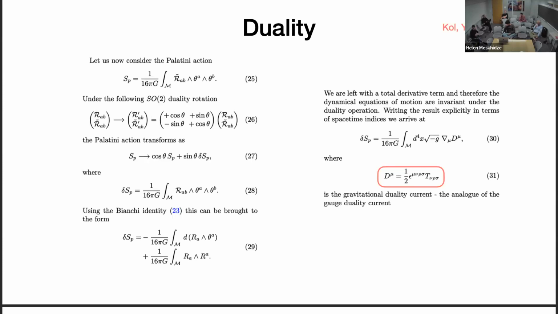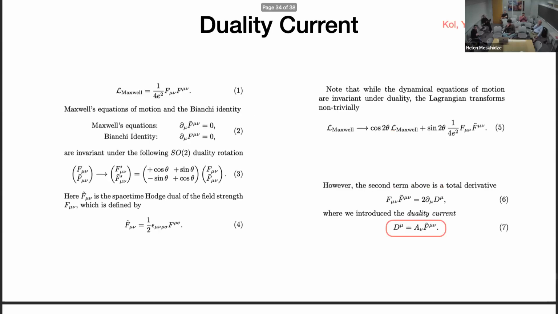It turns out that under duality, the action picks up a boundary term, which is a divergence of some current. We can identify this as the gravitational duality current. It's a function of the tensor, and this is the analog of the duality current in Maxwell's theory.